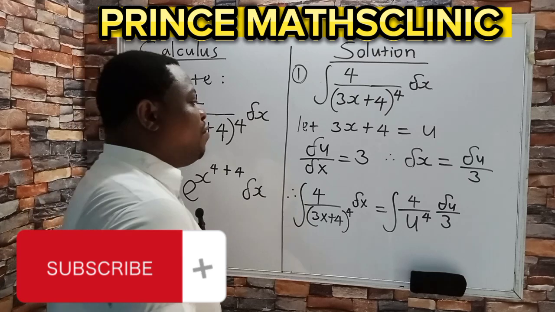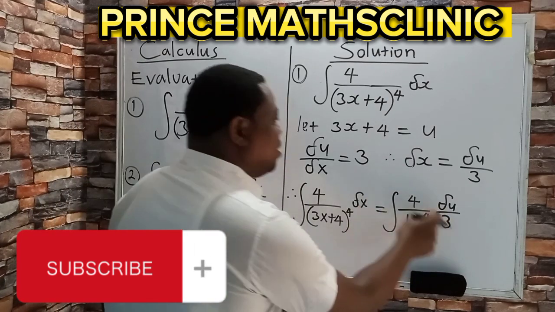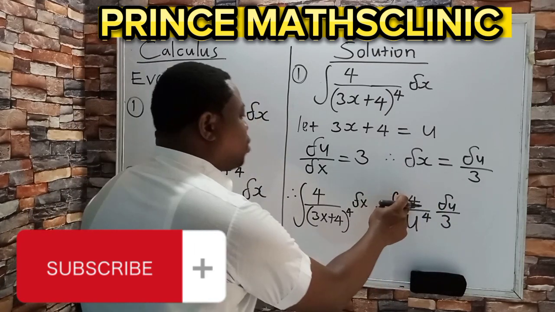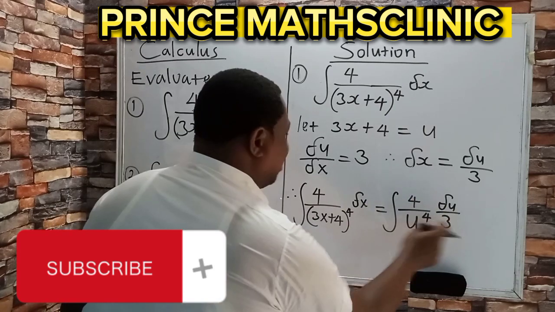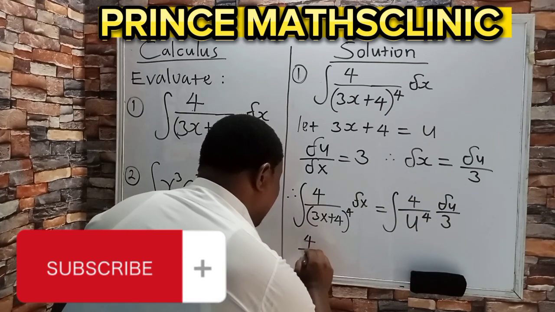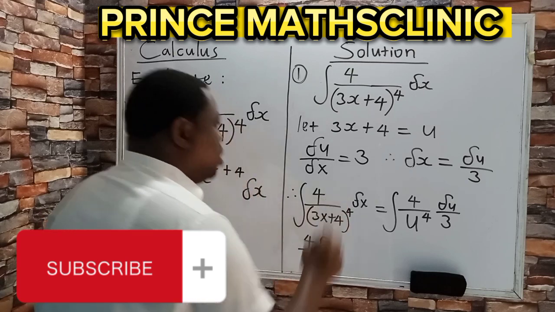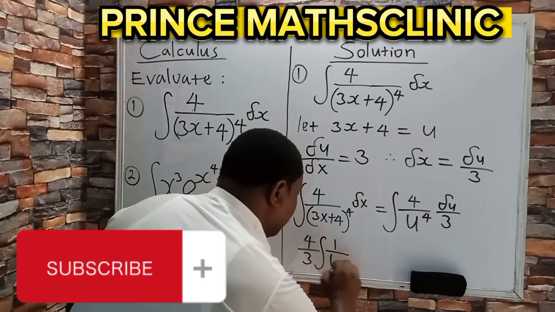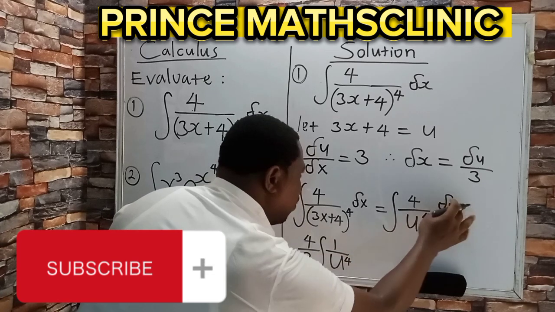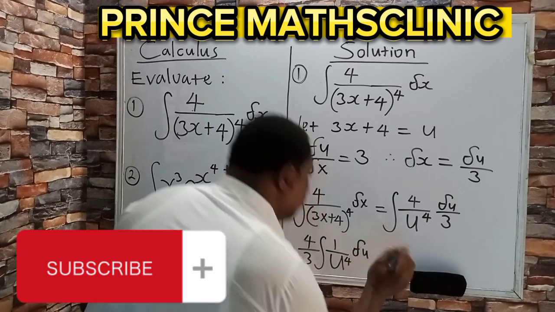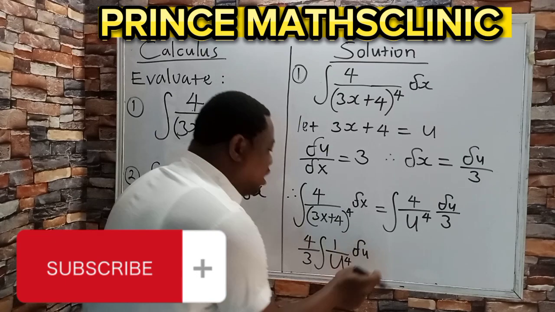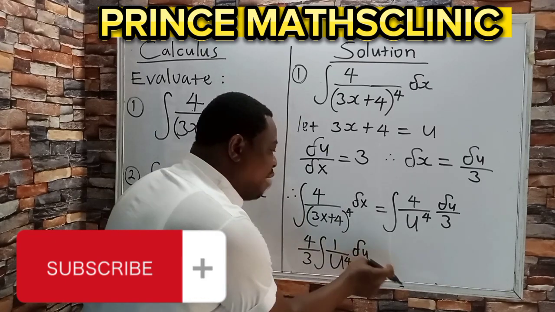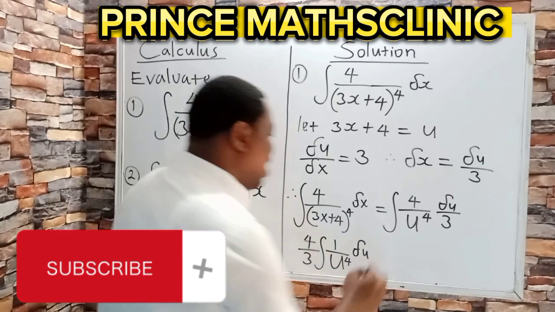Now, what do you observe? We have a constant here, which is 4 over 3. So I'm going to pull it out of the integral, then I'm left with 1 over u to the power of 4, then du. The variable here is u, so you should have du there.